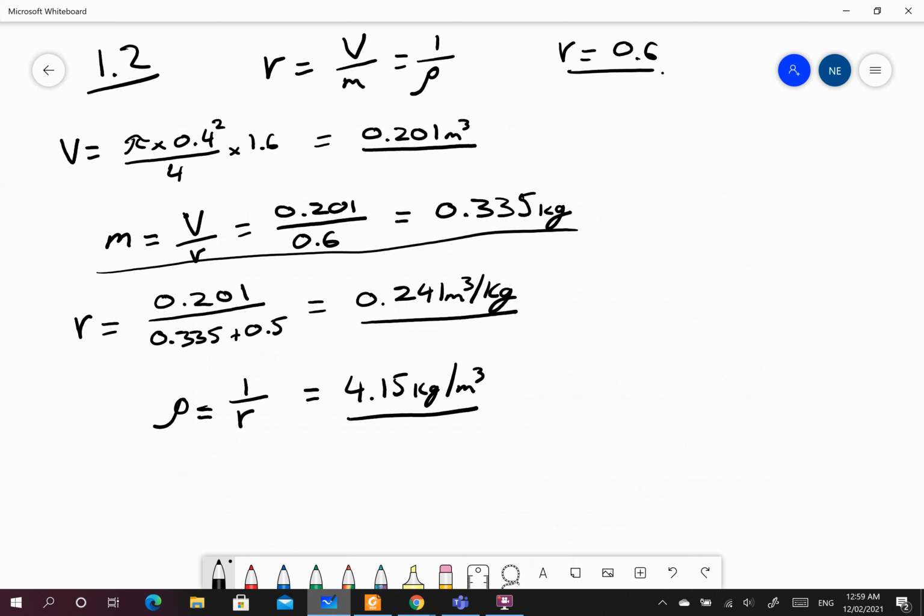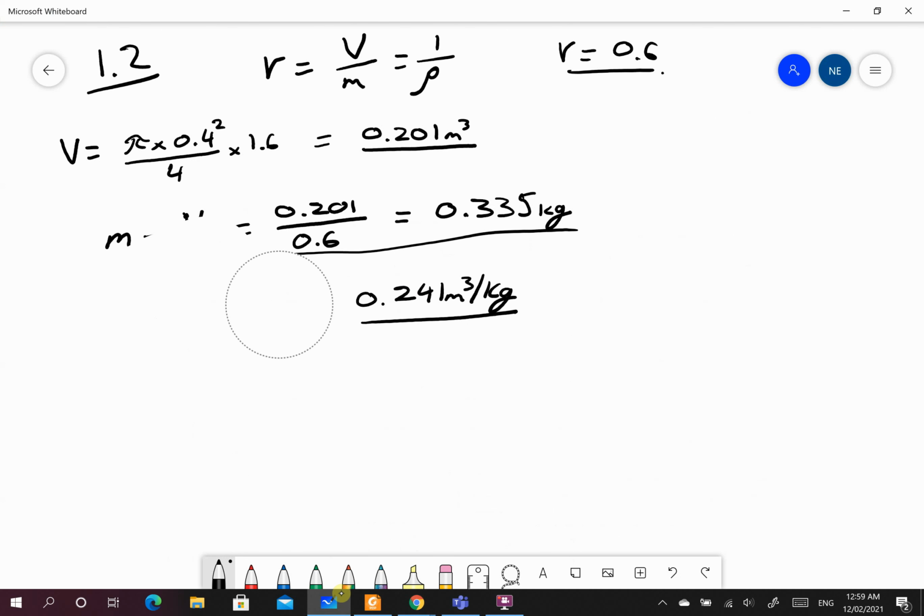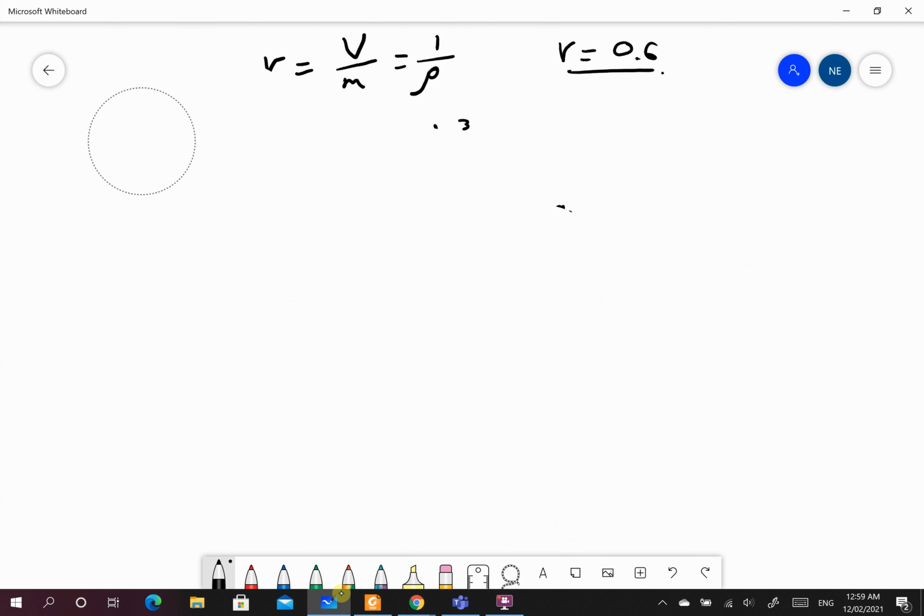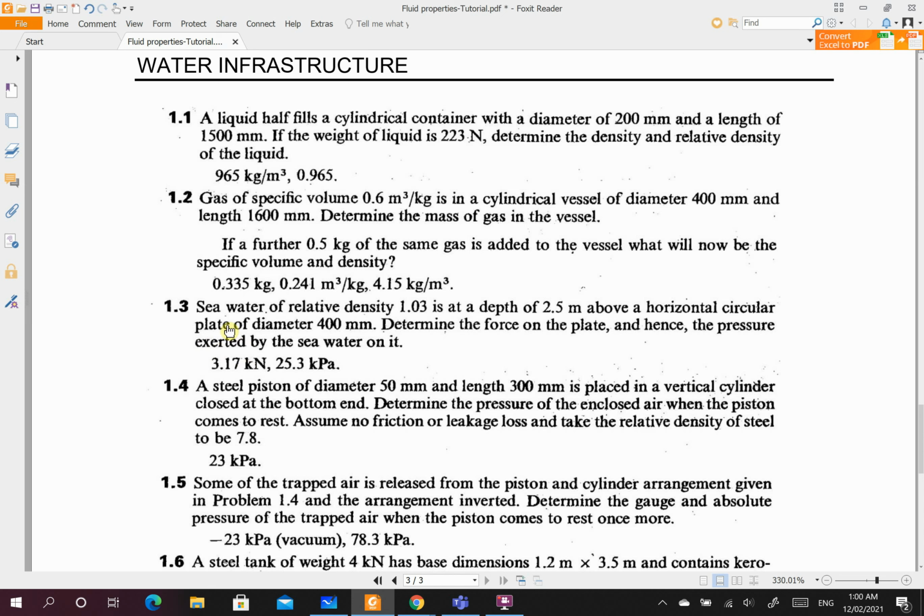Now let's do 1.3. So seawater with relative density, we've got a depth, we've got another cylinder here, so we've got another 400 mm diameter.